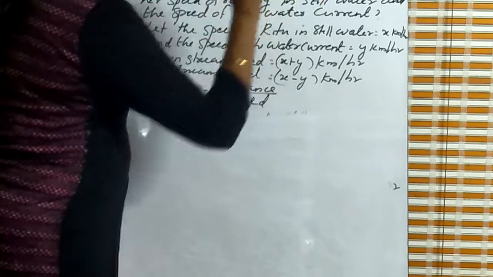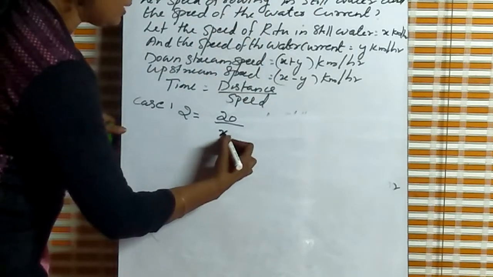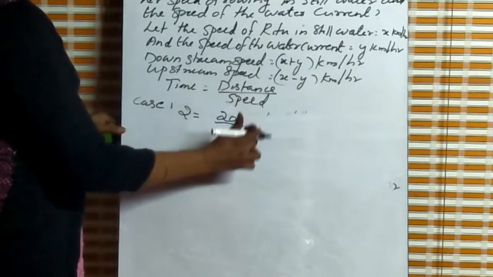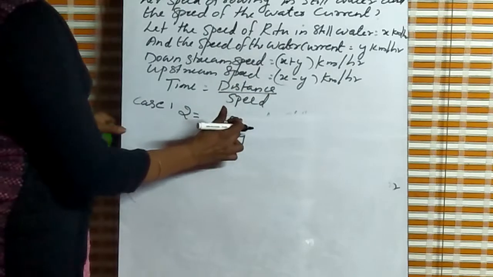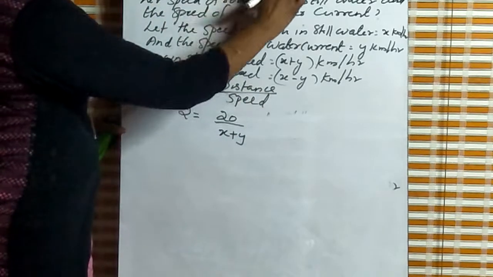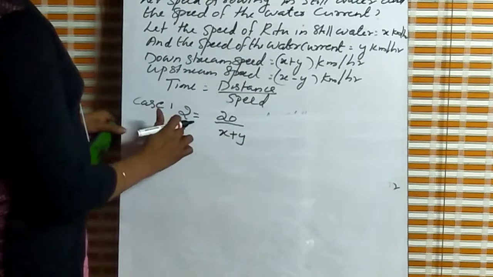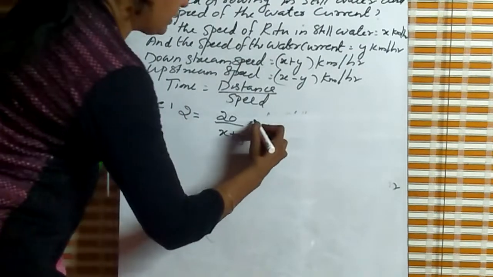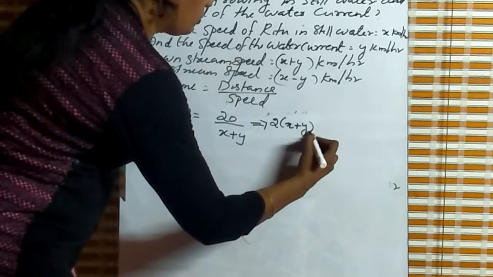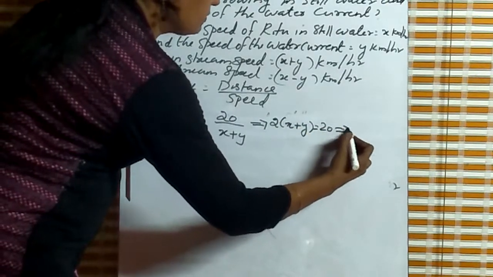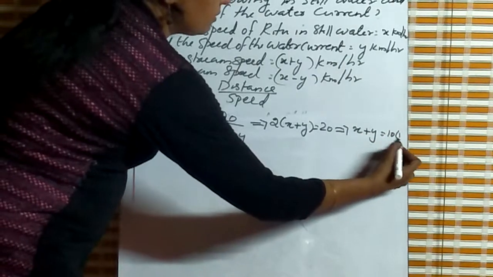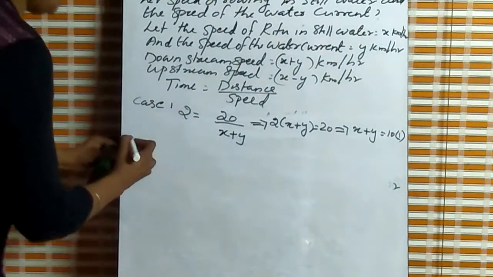Time is equal to distance by speed: distance 20 kilometer, downstream speed is x plus y, and time 2. Cross multiplication: 2 into x plus y is equal to 20, which implies x plus y is equal to 10. Equation 1. Then what is case 2?